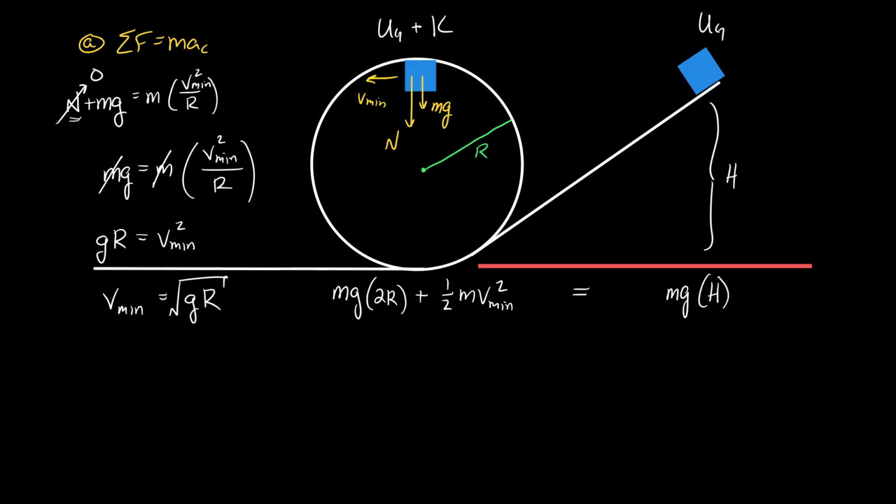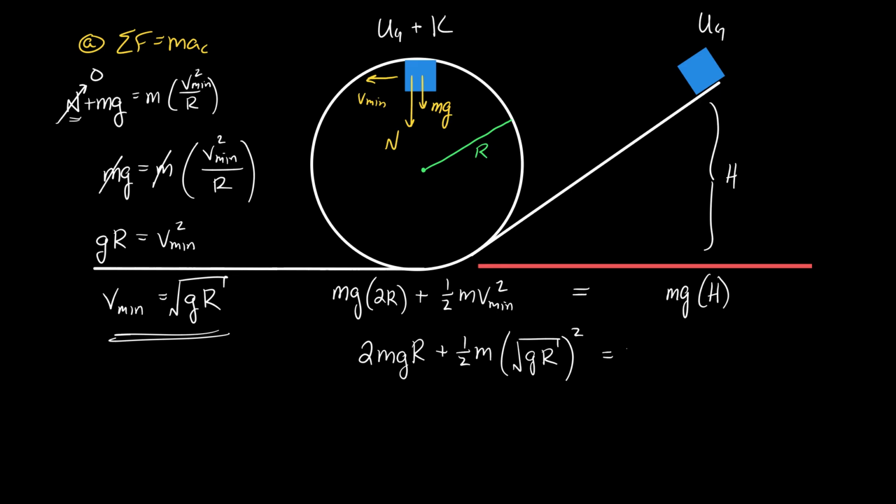Alrighty. This is 2 mgr plus 1/2 m. I can't have v min in my answer. So I have to substitute, but I just came up with an expression for v min. That's in terms of g and r, and both of those can be in my answer. So square root of gr squared.